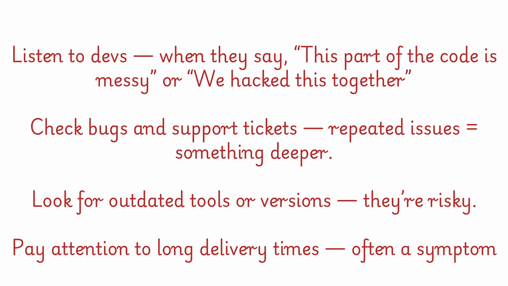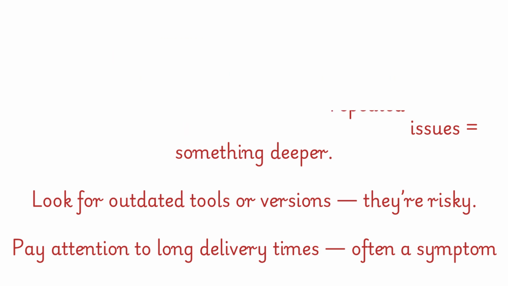If you're having repeated or recurring issues, there is something to watch out for. Number 3, look for outdated tools or versions. If you're using an outdated tool or version, they are risky. Number 4, pay attention to long delivery times. These are often a symptom.